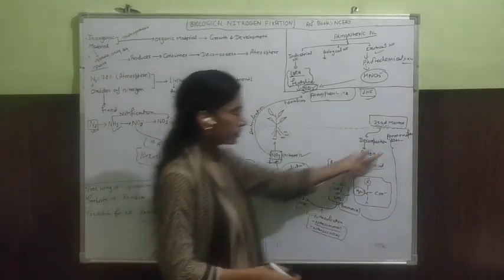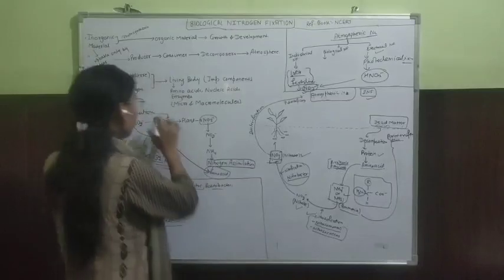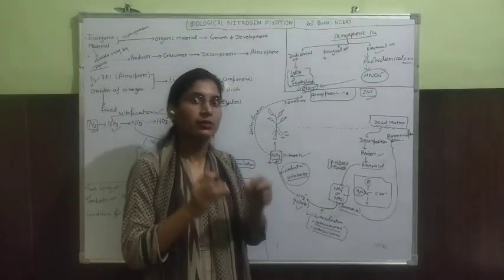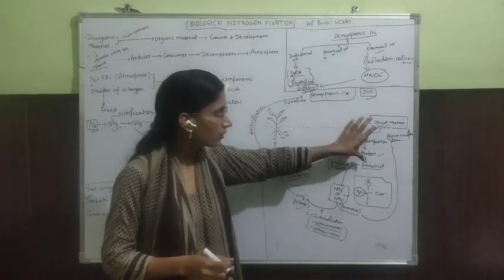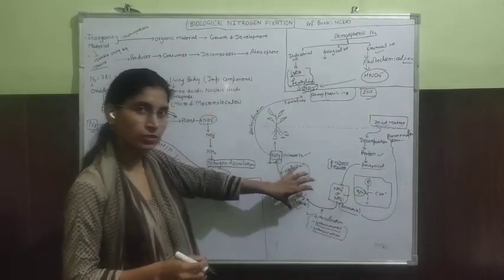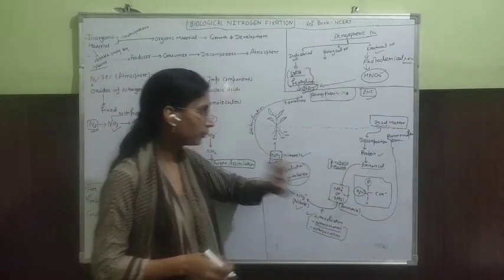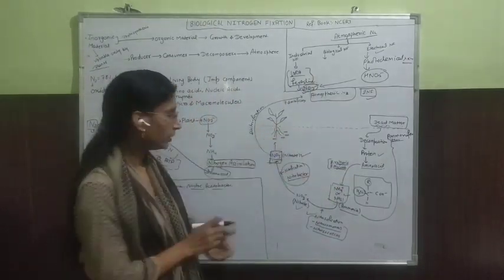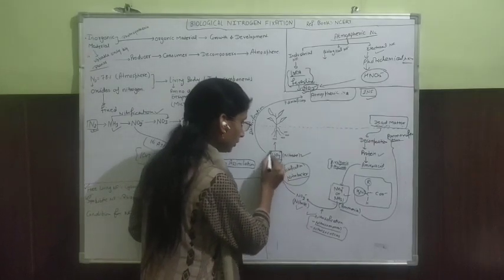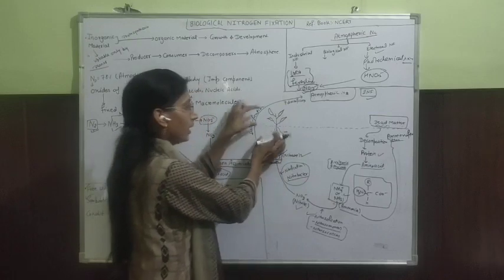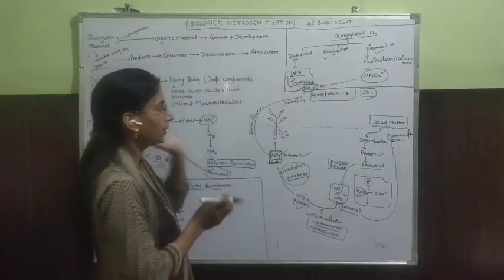And the processes ammonification and nitrification join together, and these are called mineralization, because through this process the dead organic material is converted into minerals, and these minerals are taken up by the plant, which helps the plant in its growth and development.